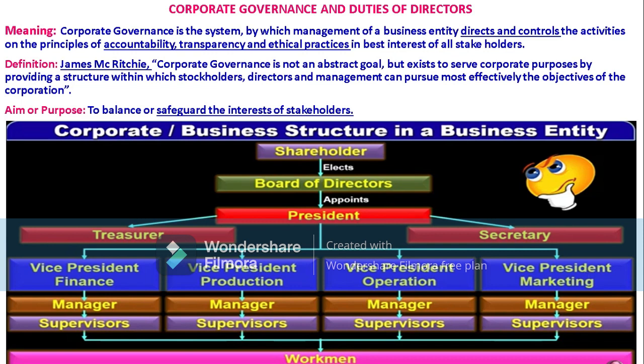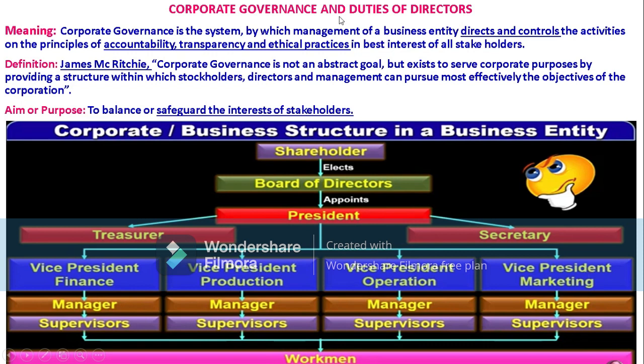So if we see what corporate governance means, corporate governance is the system by which management of a business entity directs and controls the activities, okay, on the principles of accountability, transparency, and ethical practices in the best interest of all stakeholders, okay?